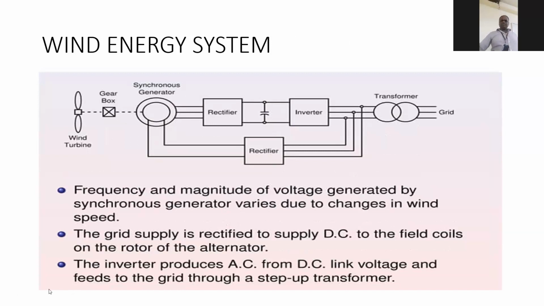We need to know the frequency and magnitude of the voltage generated by the synchronous generator, as there will be changes in wind speed. The inverter produces AC from the DC link voltage and feeds it to the grid through a step-up transformer. That is the main achievement using power electronics devices.